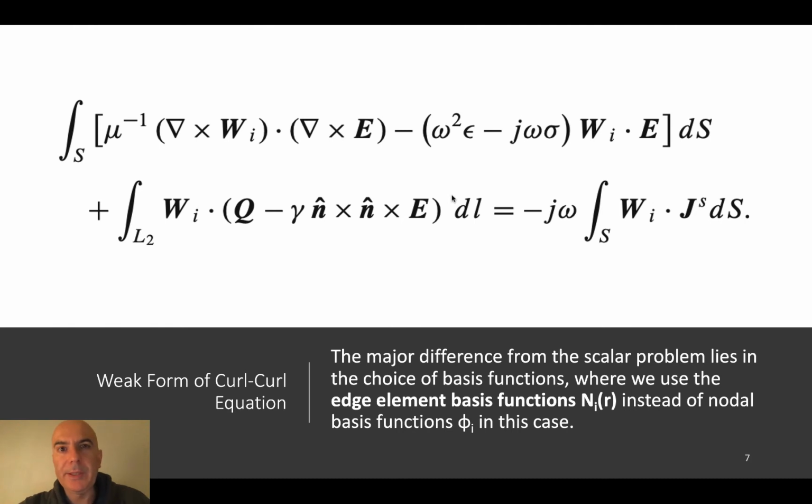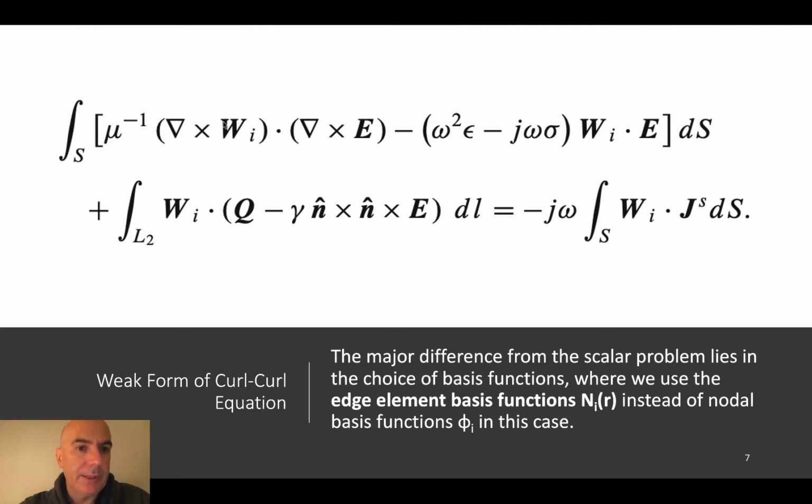This is the weak form formulation of our curl equation, and this is the equation that we're going to solve with the FEM. The major difference from the scalar problem lies in the choice of the basis functions. We use here the edge element basis function N_i in bold, so these are vector quantities, instead of the nodal basis function phi, as we use in the scalar problem.